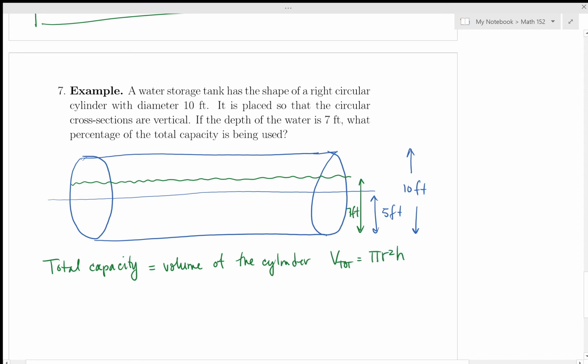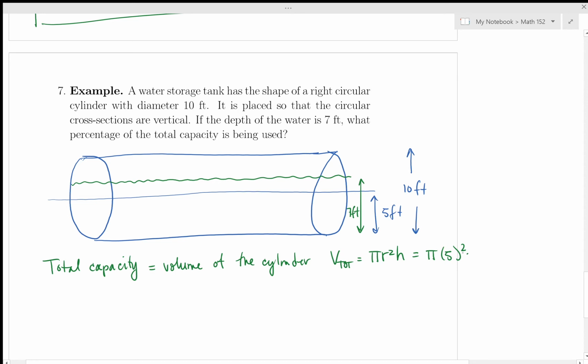So that is pi, we've identified what r is, and then h is the length of this thing. Pi r squared h. What is h?